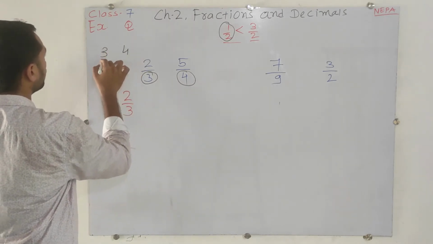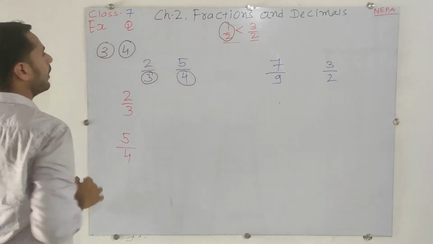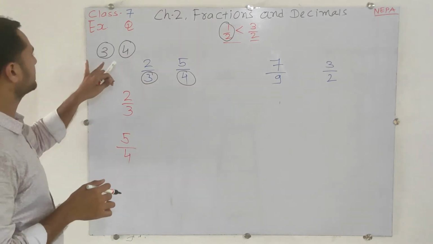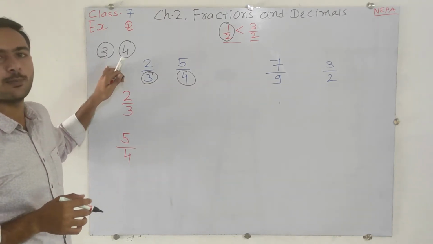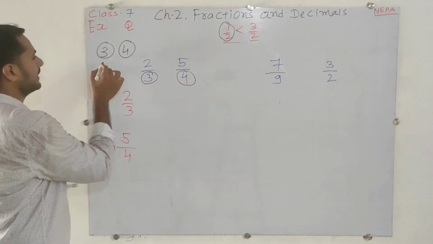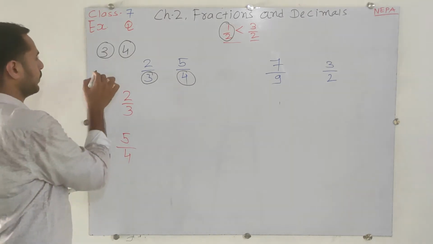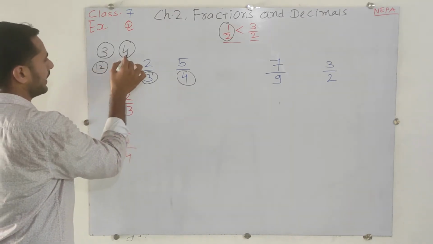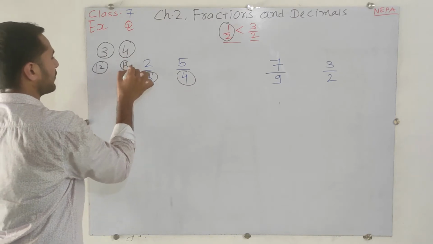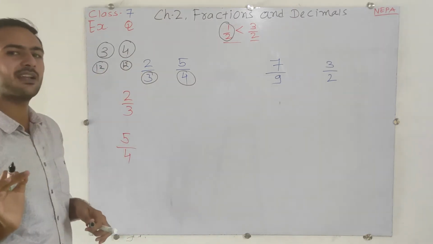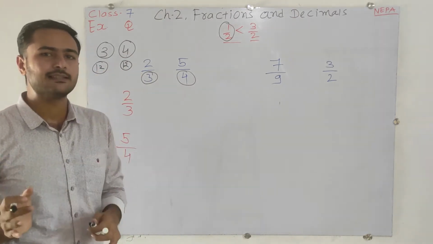We have to find the common number from the tables of both numbers. Which is the common one? 3 1s are 3, 3 2s are 6, 3 3s are 9, 3 4s are 12. 3 4s are 12 is over there, and 4 3s are 12 is over there. It means 12 is the common one. The first common number in the tables is the LCM.